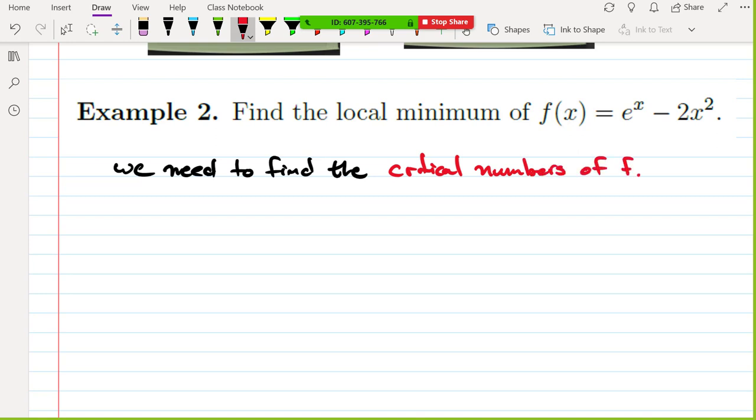The critical numbers of f are the zeros of the derivative. So the first thing we need to find is the derivative. So f prime of x is going to be equal to e to the x, and then the derivative of negative 2x squared is minus 4x. So then we want the zeros of this.